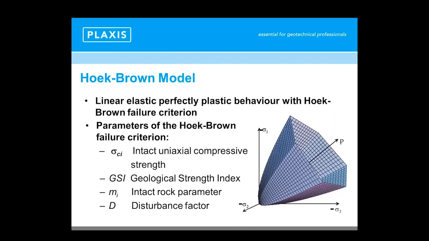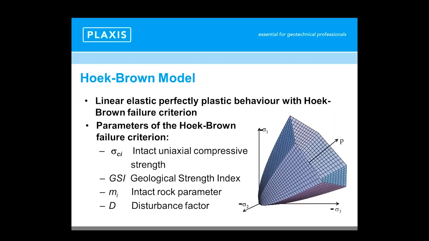The next model I like to briefly present in this presentation is the Hoek-Brown model. The Hoek-Brown model is a relatively simple model from a theoretical point of view. It is a linear elastic, perfectly plastic behavior with Hoek-Brown failure criterion.